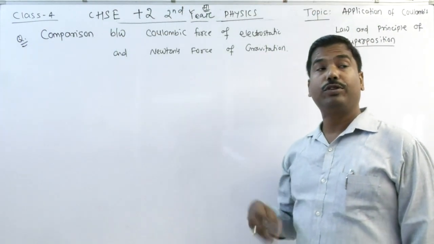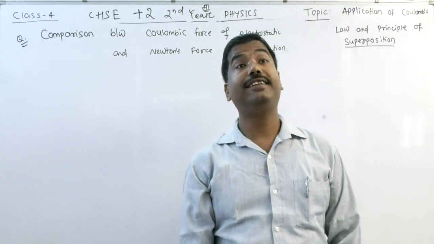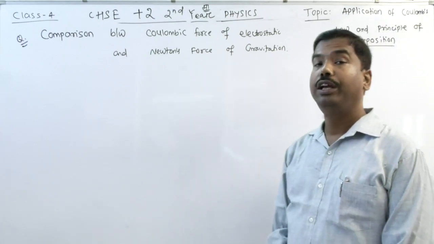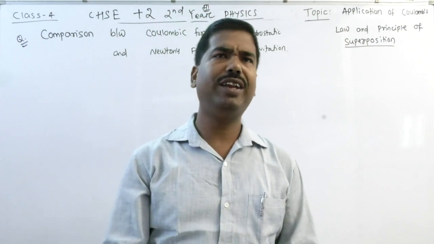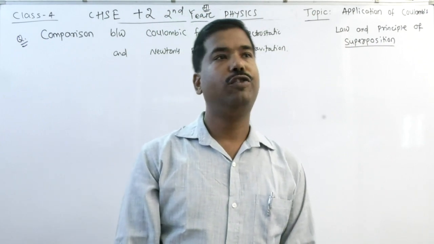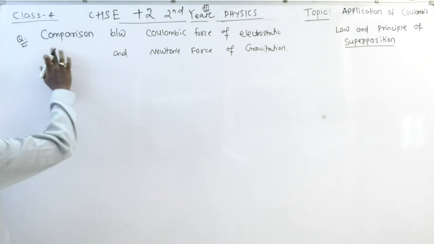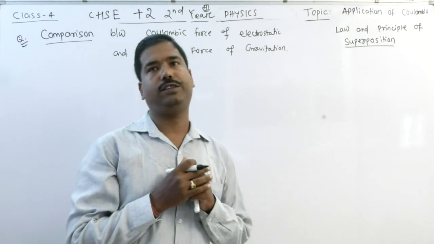In the third class we have already explained that Coulombic force of electrostatic is completely analogous to Newton's law of gravitation. Analogous means, are they equal in all respects, or is there any difference? We'll discuss in detail. Whenever we compare, we have to compare both the similarity and also the difference.